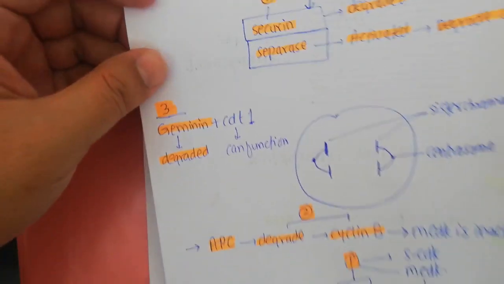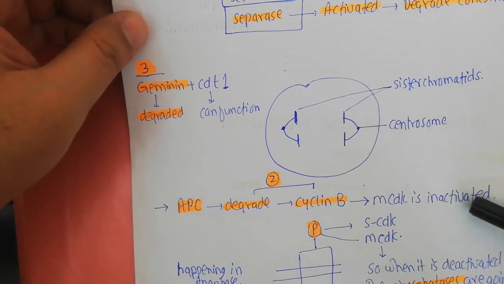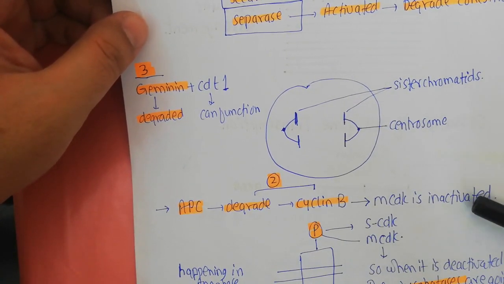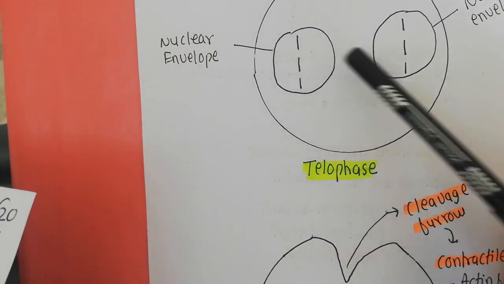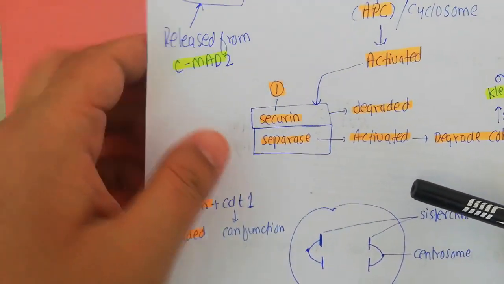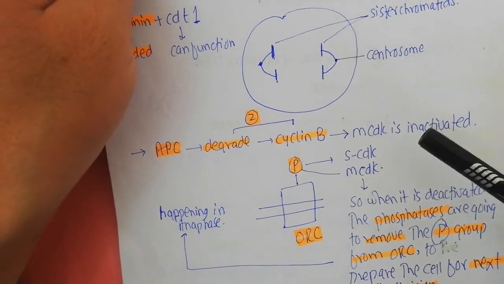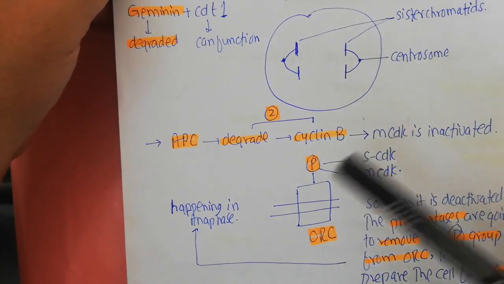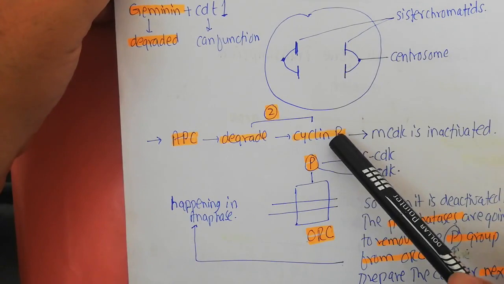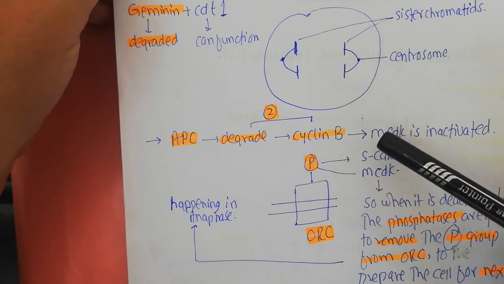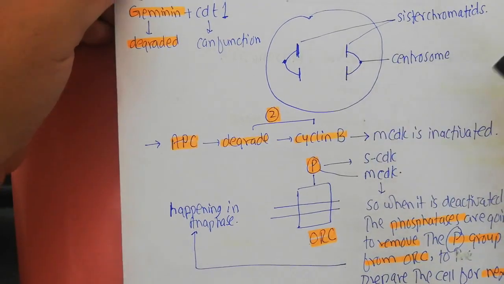So if you are not going for the inactivation of the MCDK, that means your nuclear envelope will always be in the degraded form, and you will not be able to make the nuclear envelope around the two new nuclei that you have just made. But if you have inactivated the MCDK, the nuclear envelope can be made again. That is another important function of the Anaphase Promoting Complex, that by degrading the cyclin B, it is inactivating the MCDK, thereby reversing all of the functions of the MCDK.